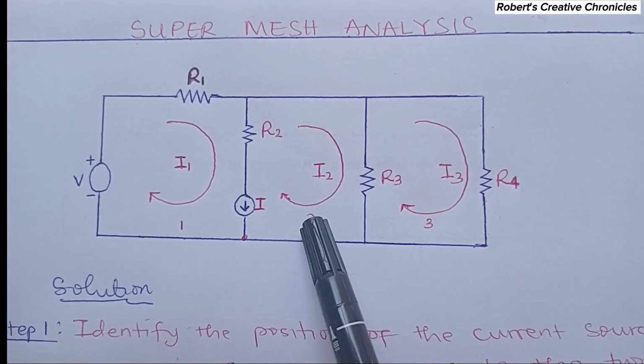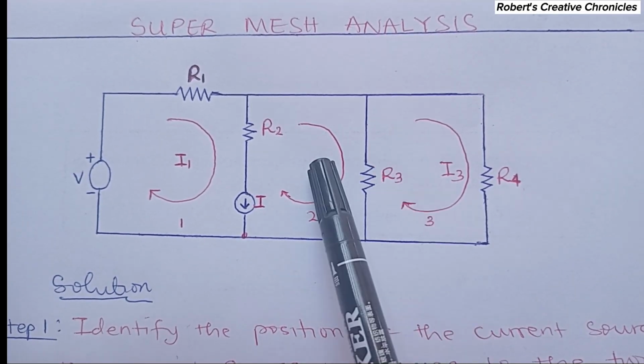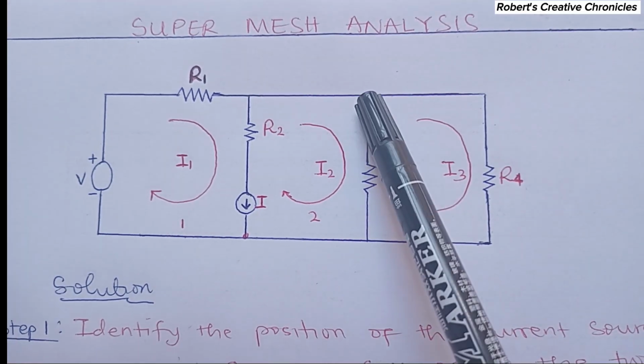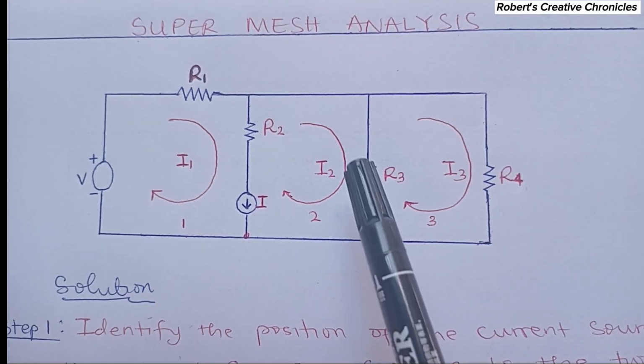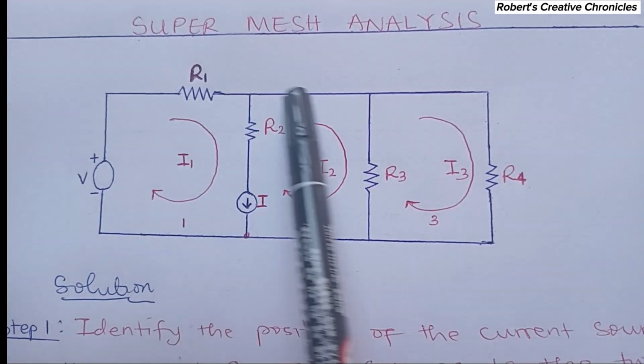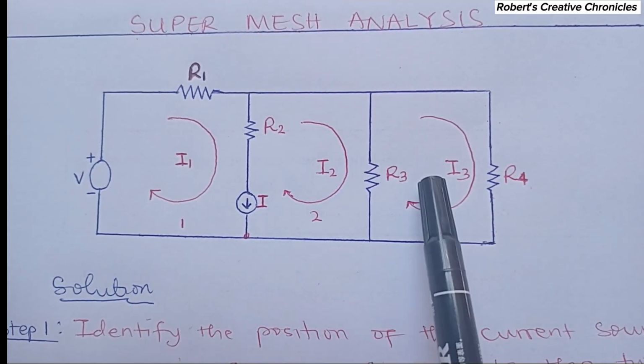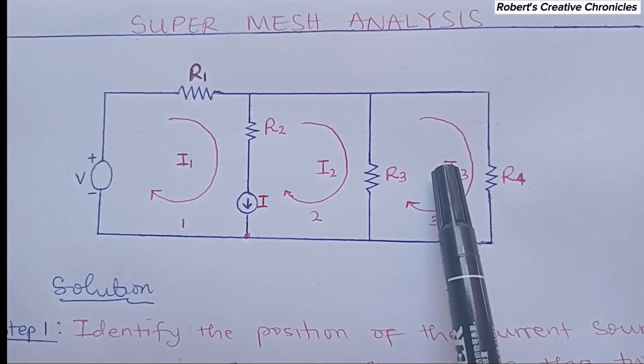So here is I2 that is flowing through this, but this resistor is between two currents. This one is coming down and this one is going up. So these two currents are coming against each other. But since we are doing this in relation to this super mesh, the one we are going to take first is I2. So we'll take the difference, I2 minus I3.